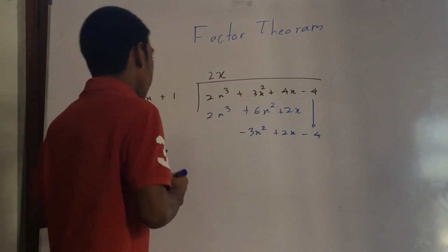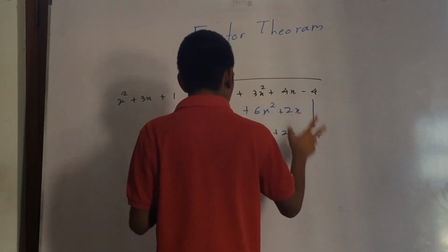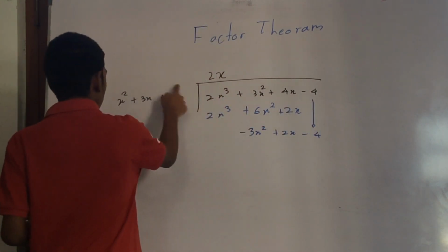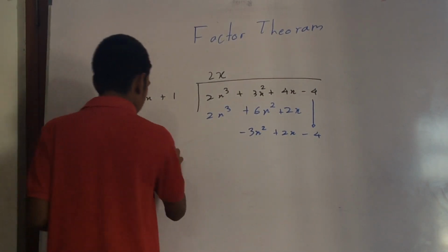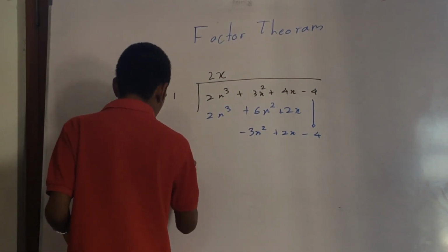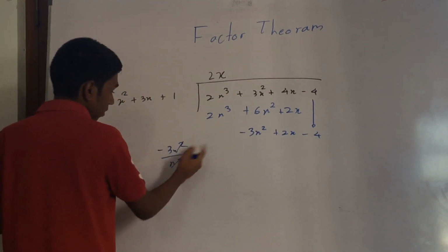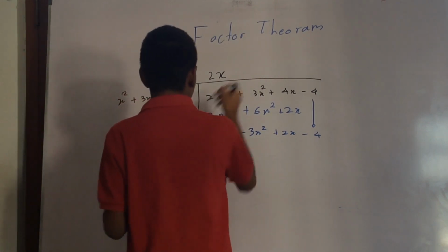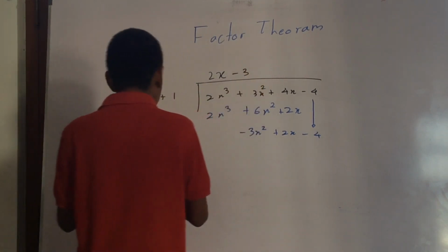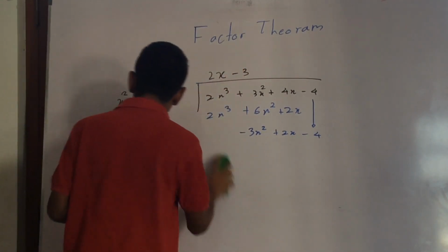Minus 3x squared plus 2x minus 4 should again be divided by the divisor. The first term of this should be divided by the first term of this. These are common terms, so they get cancelled, and here we get minus 3. Again, like earlier, we should multiply minus 3 by all these 3 values.